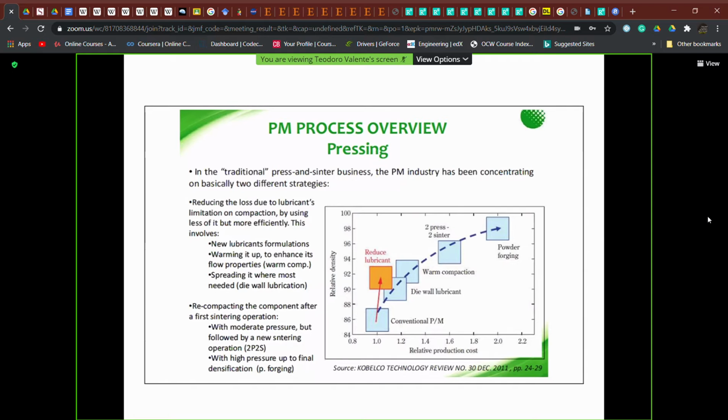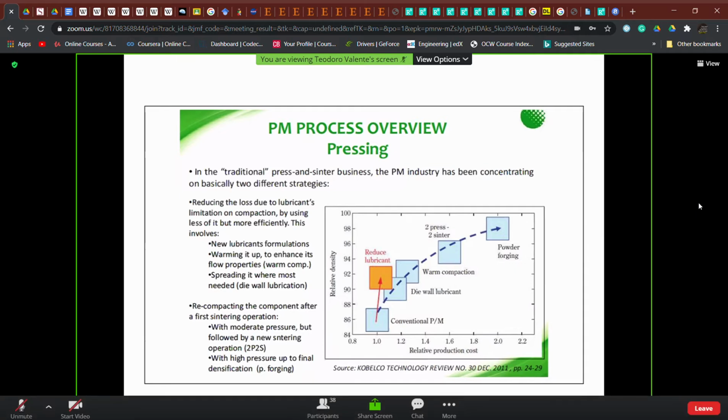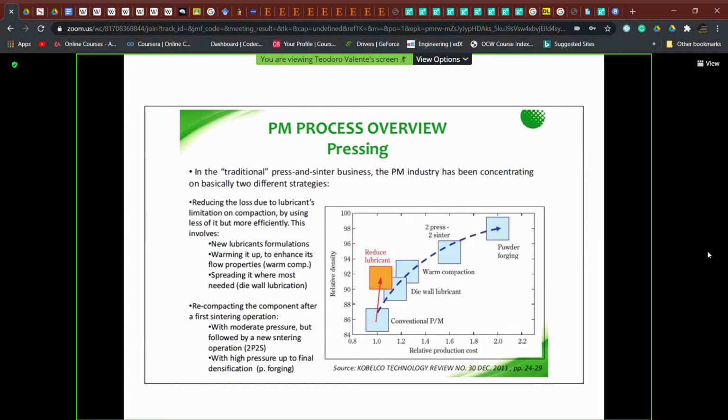Obviously, we are going to press inside the die, so many researchers have worked to find efficient lubrication, just to reduce, for example, the die wear, and to have a more uniform distribution of pressure, that is, the same degree of pre-compacting inside the whole mass of the component, which will then be sintered.